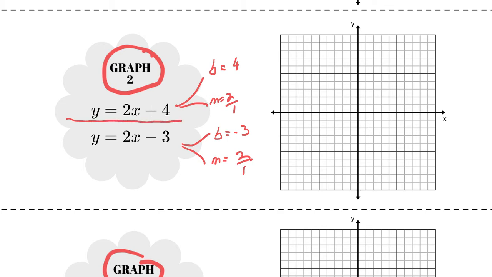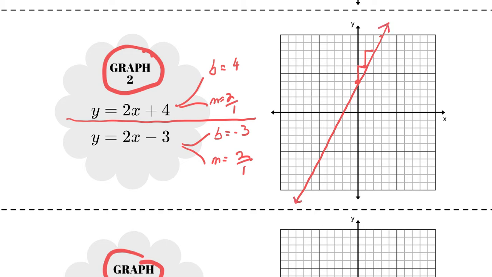So my first equation, plot 4, graph alphabetically, up 2 over 1, up 2 over 1, and graph your line, following the pattern all the way through. If you want guide coordinates, go ahead. Or if you can see it, you can then draw your line.